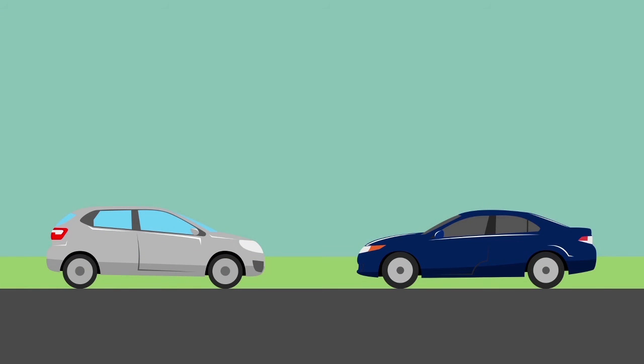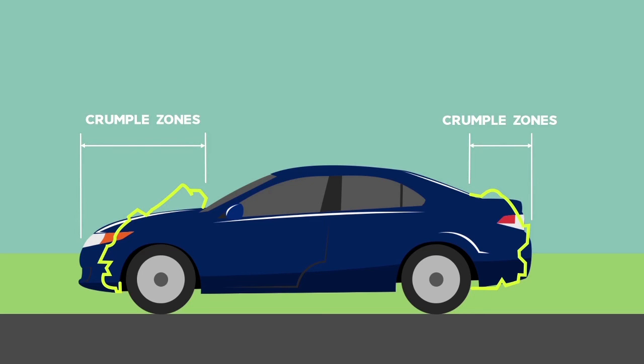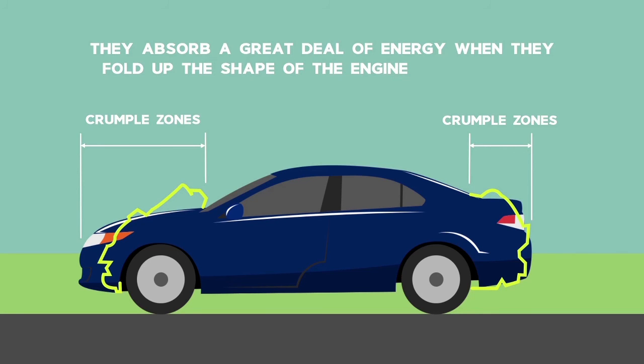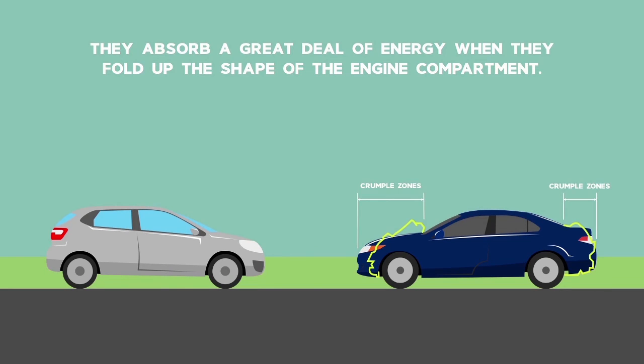Some of that energy is used to deform the shape of the car, and in fact, parts of the car are designed to fold neatly and change shape. These are called crumple zones, and they absorb a great deal of the energy when they fold up the shape of the engine compartment.